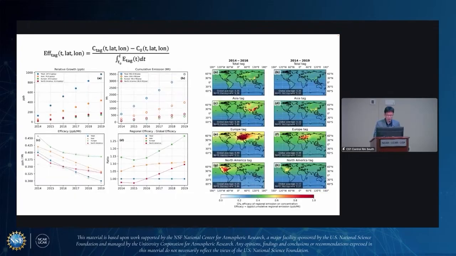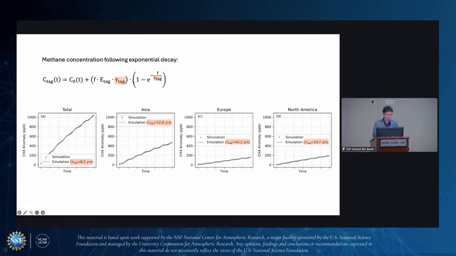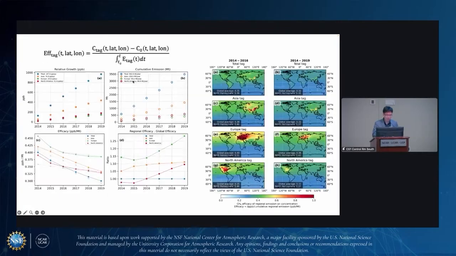Here is this equation again, and we plot each term in different panels. This is the relative growth, or the numerator, and this one is the denominator in this equation. And the third panel is the efficacy.